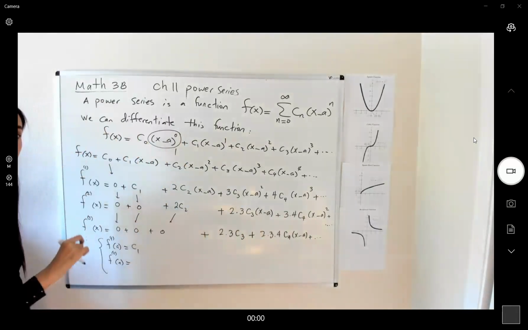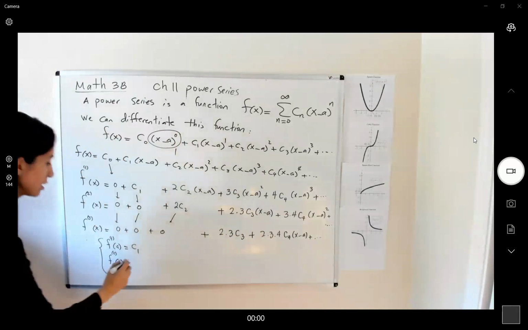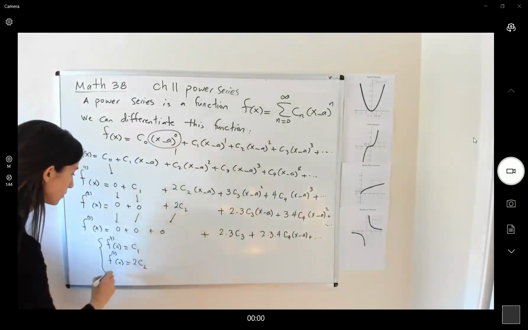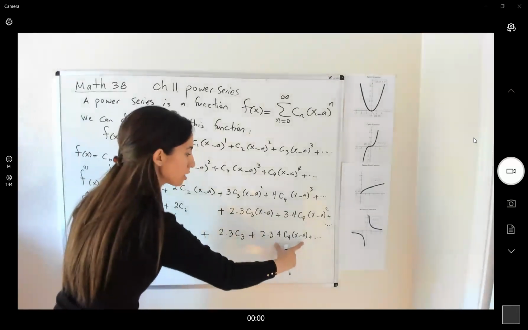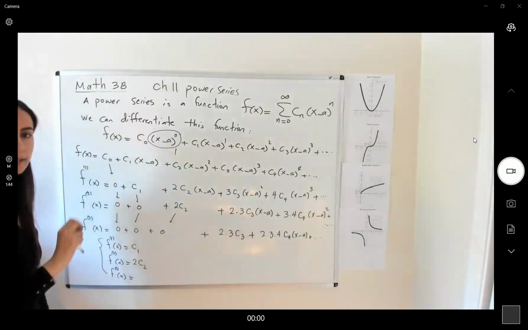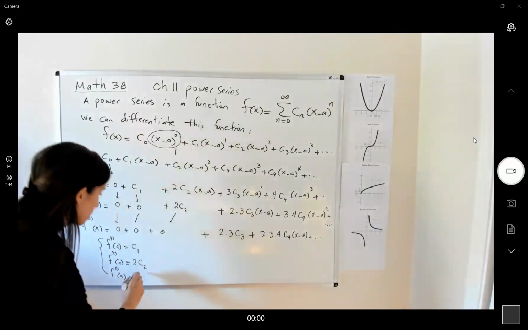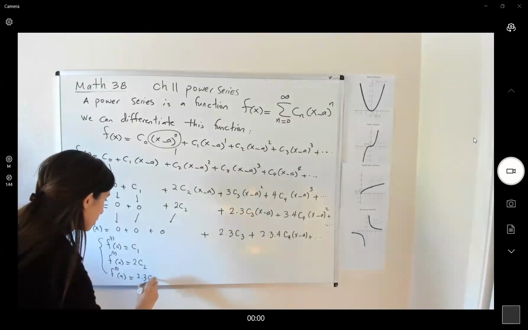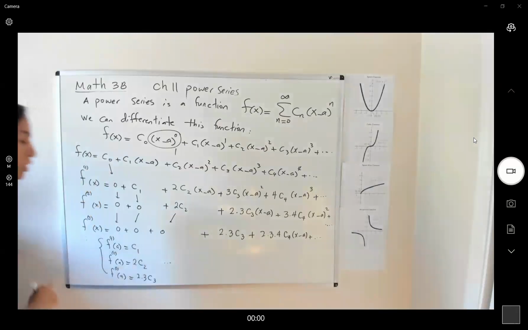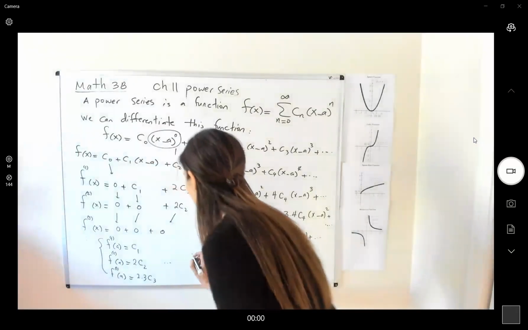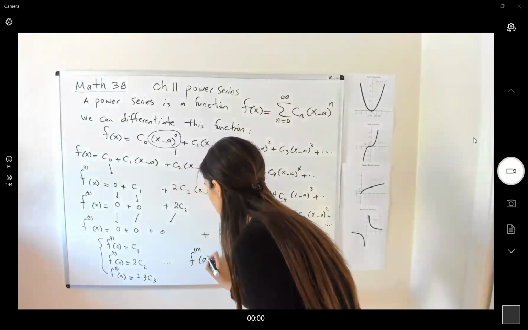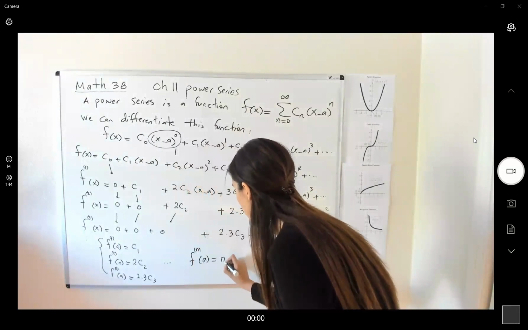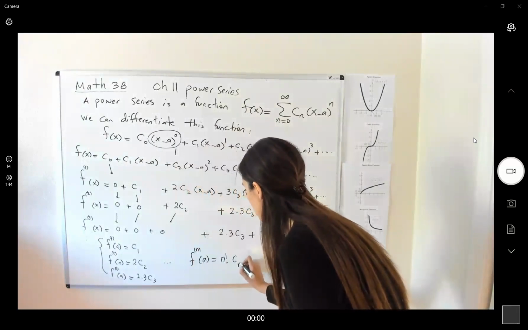The only thing left is 2 times c sub 2. The third derivative of the function at a is equal to, so all of these terms are 0 except for the constant 2 times 3 c sub 3. If you continue this process, the nth derivative of the function at a is equal to n factorial c sub n.